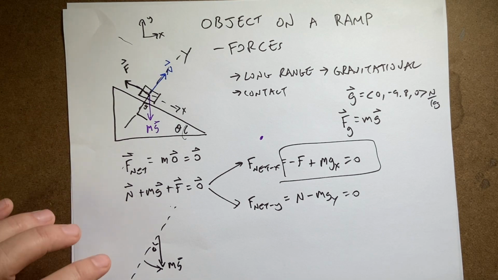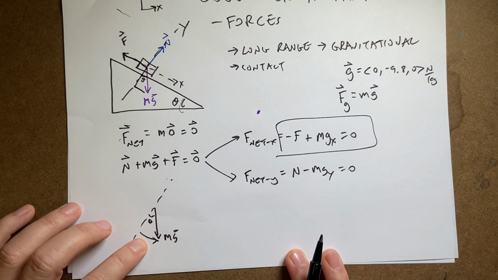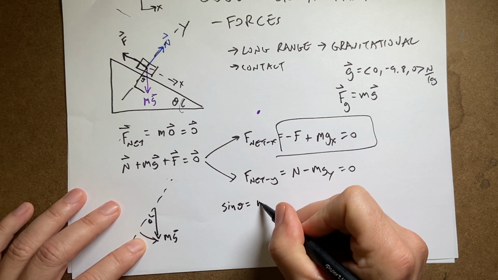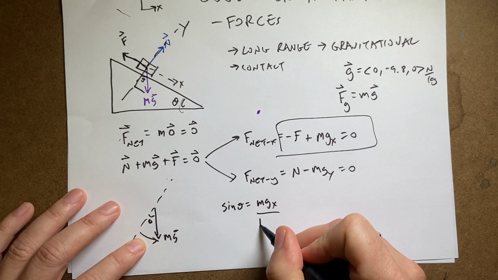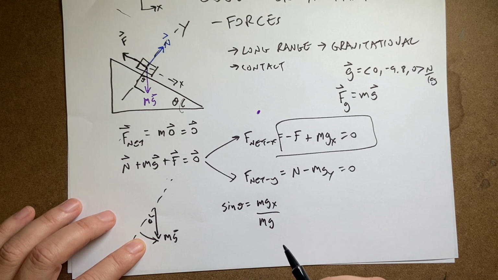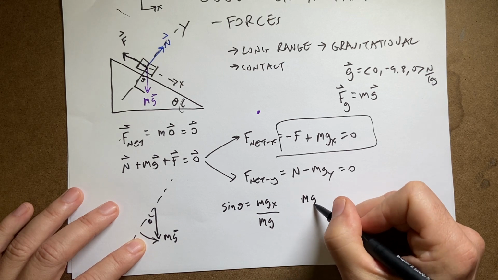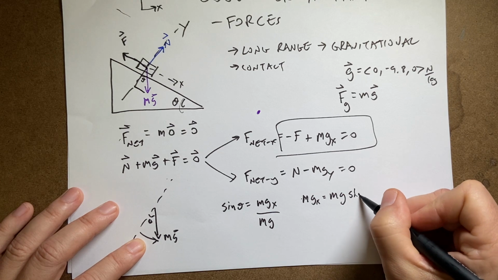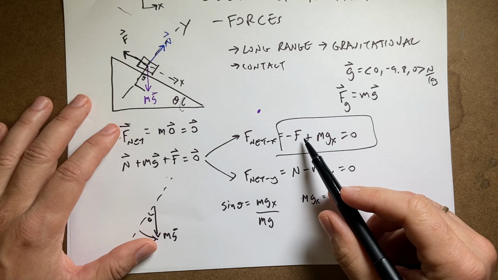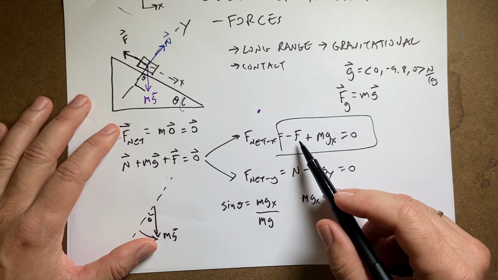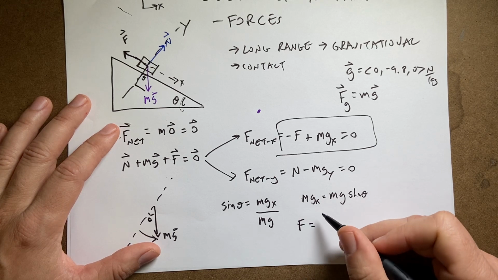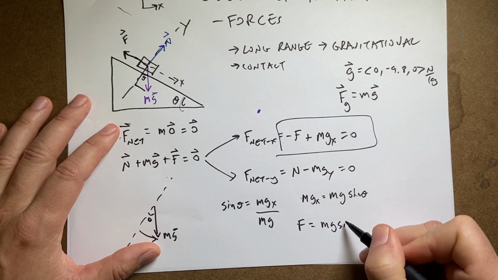That component right there is my x component of the gravitational force. So if I say sine of theta is equal to mgx over mg, opposite over hypotenuse, then I can solve for mgx. mgx is going to be mg sine of theta. So up here, this equation, if I measure that force, it doesn't tell me the weight, it tells me the component of the gravitational force. So I'd say F is equal to, and that's what I measure, mg sine theta.